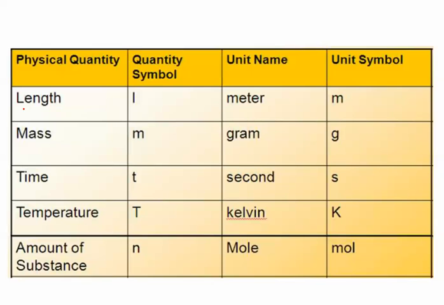When we talk about length, the agreed upon unit of measure would be a meter. When we talk about mass, the agreed upon unit of measure would be grams, though sometimes it's also referred to as kilograms. And if we're talking about time, we'd be measuring that in seconds. Temperature would be measured in something like Kelvin, and amount of substance would be measured in something called a mole.